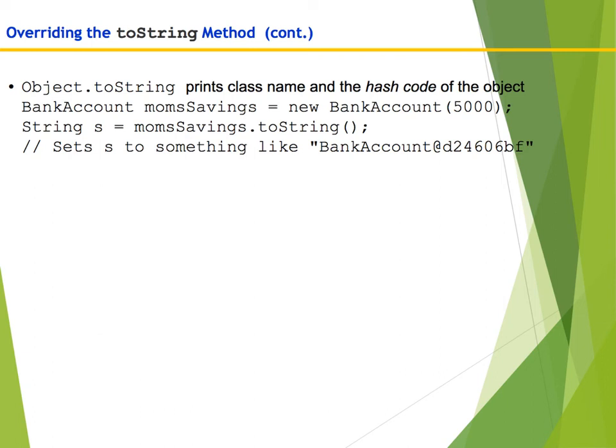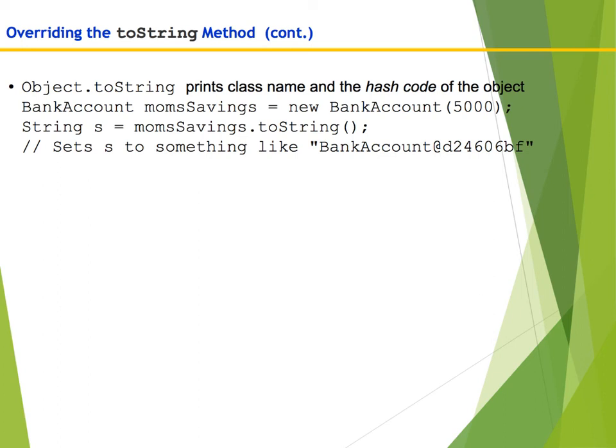Before I show you how to override the toString method of Object, let's see what's going to happen if you don't override it. If you don't override it, then Object's toString prints the class name, and after the class name, you have a hash code of the object, which is a random number.